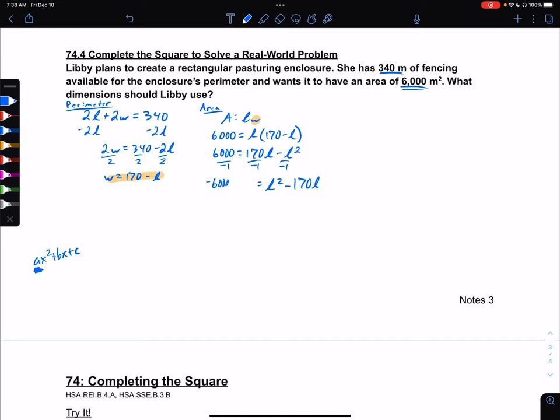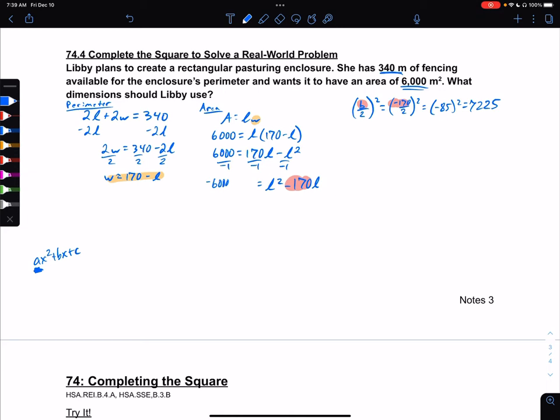From here, we're going to complete the square. We want to do B over 2, squared, using -170 as our B value. So -170 divided by 2, squared, simplifies to -85 squared, which is 7,225.